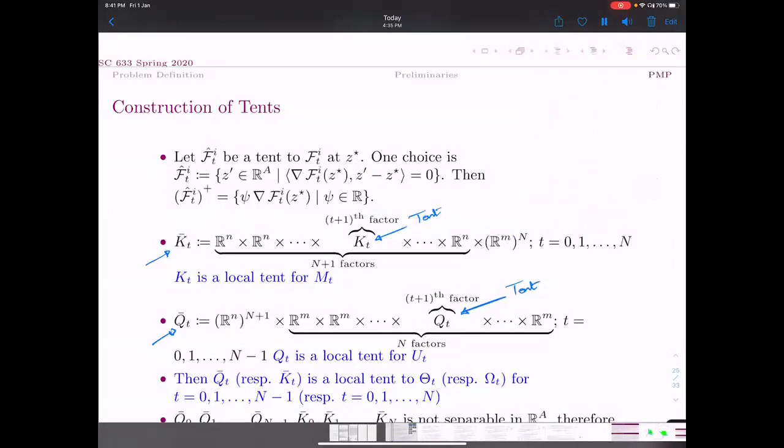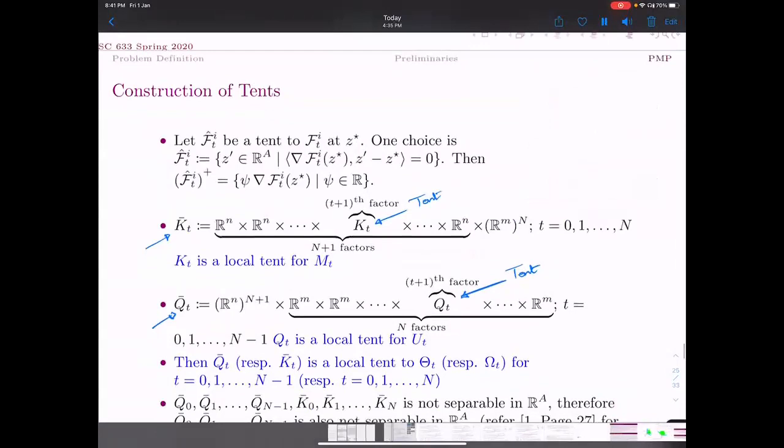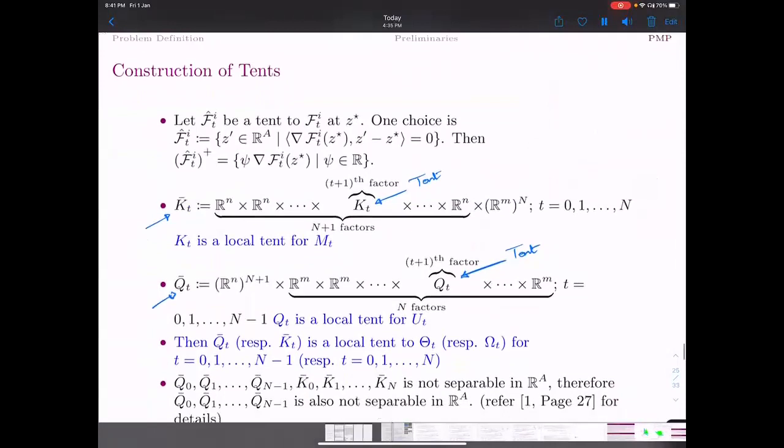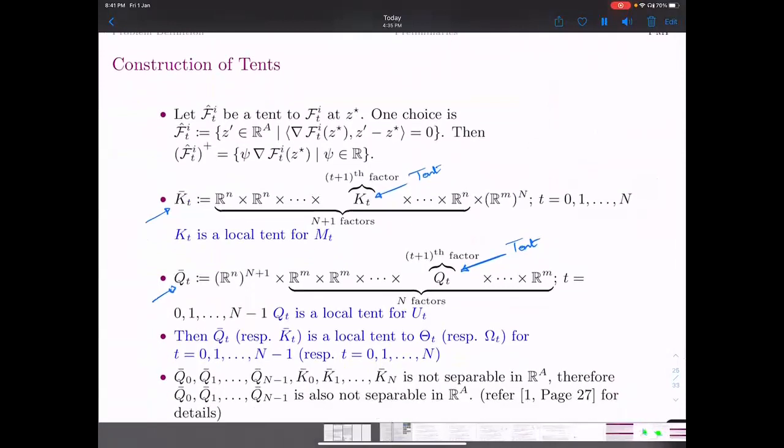So we start constructing these tents, these tangent convex cones, and all this is basically following that procedure, but just keep in mind the following facts. So for instance, when you look at something like this here, the superscript means a particular state which is propagating.